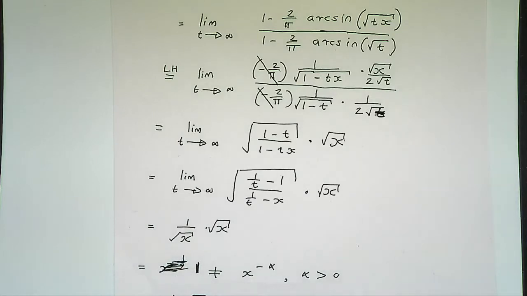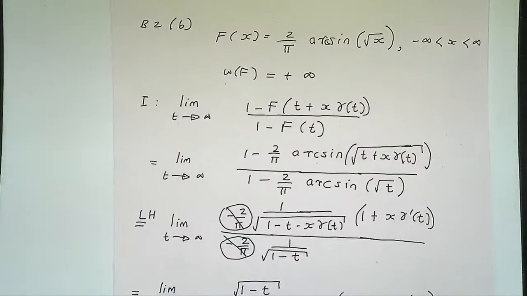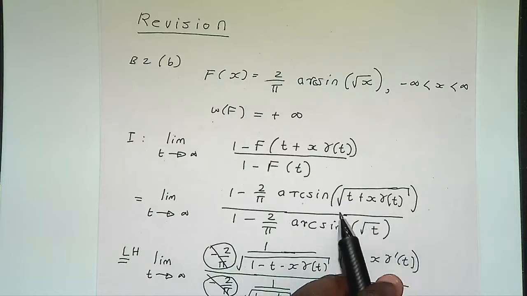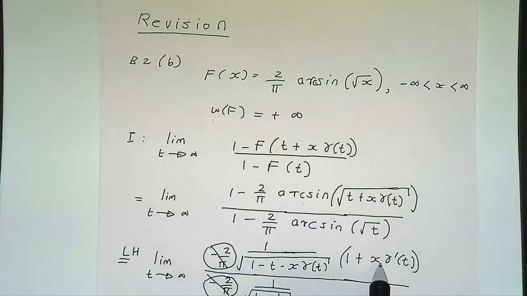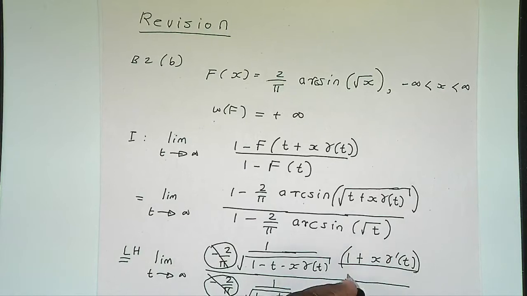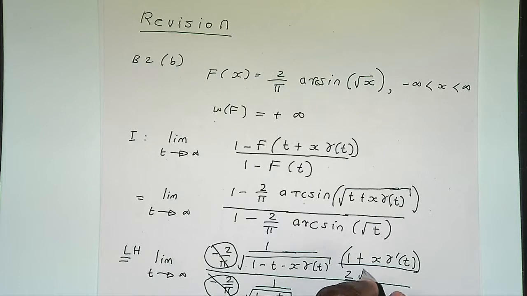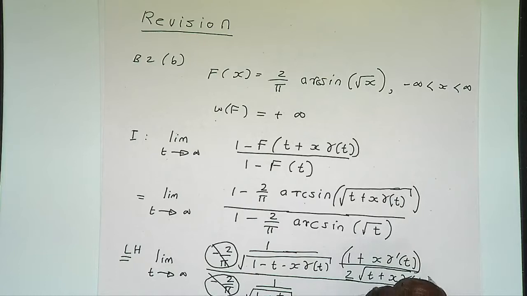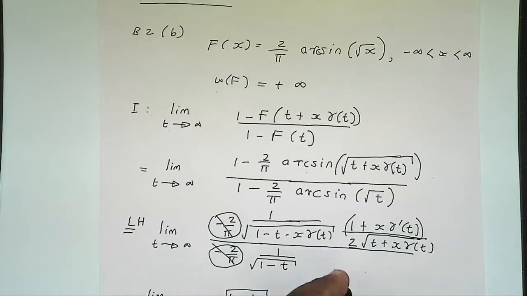And also in the first part, I think I made the same mistake. For condition 1, when you differentiate this, thank you Rob for pointing this out, you get this, and then when you differentiate this, there should be a 2 in the bottom, and the same thing here.